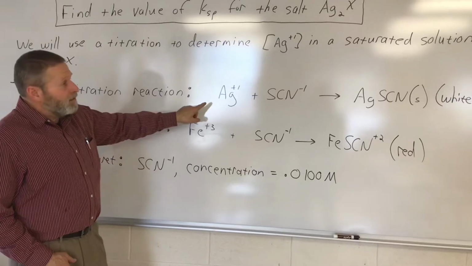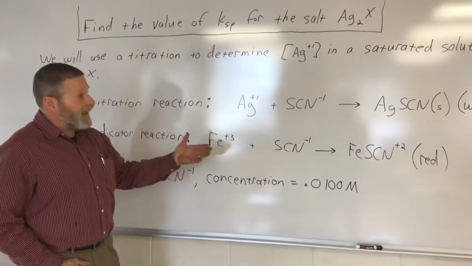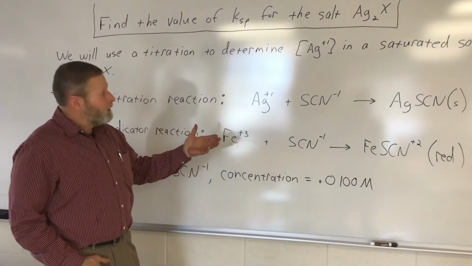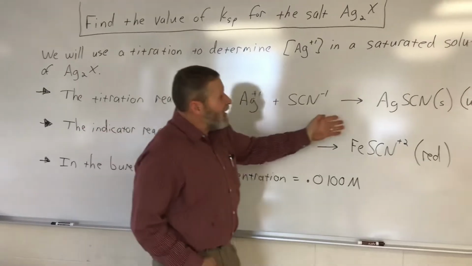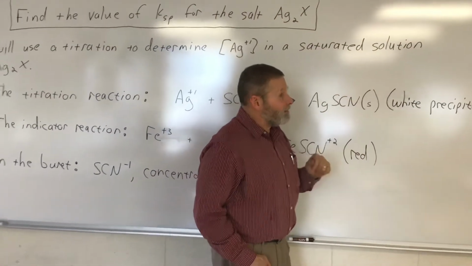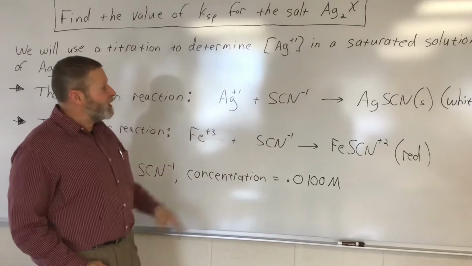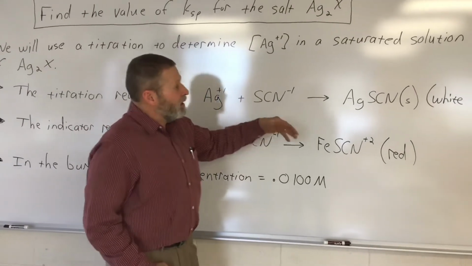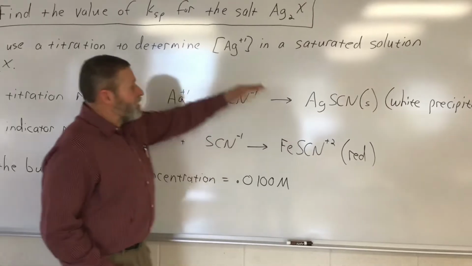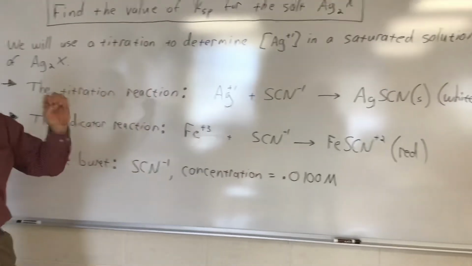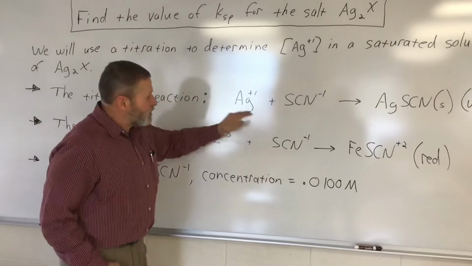We're going to use an indicator to help us with that. Now the thiocyanate makes a white precipitate, so the farther past the end point you go, you're seeing this white precipitate, but what you want to know is when these moles equal each other.